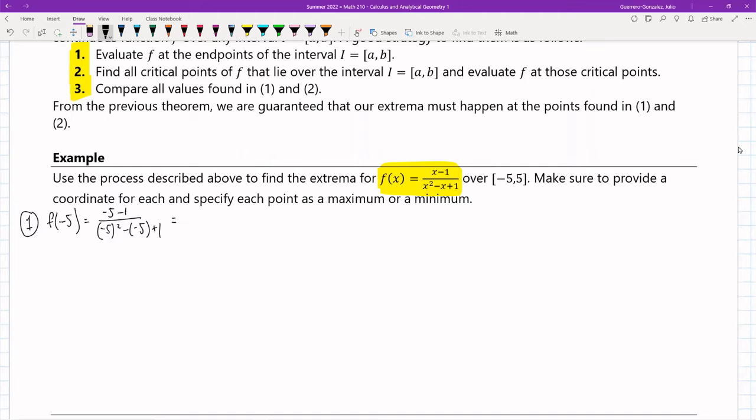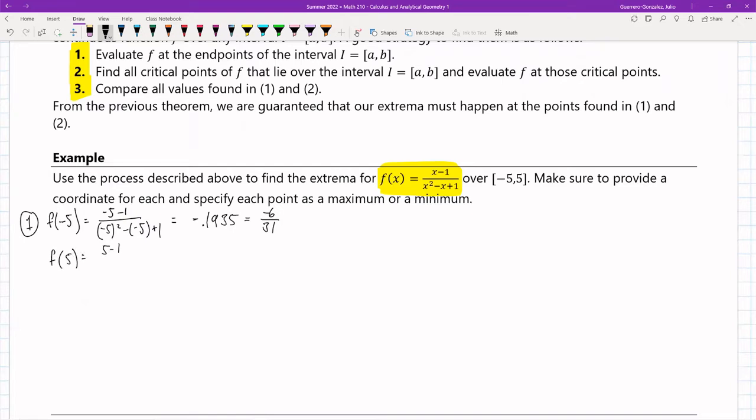And if you compute this out, you should get about -0.1935, which as a fraction I believe is -6 over 31.